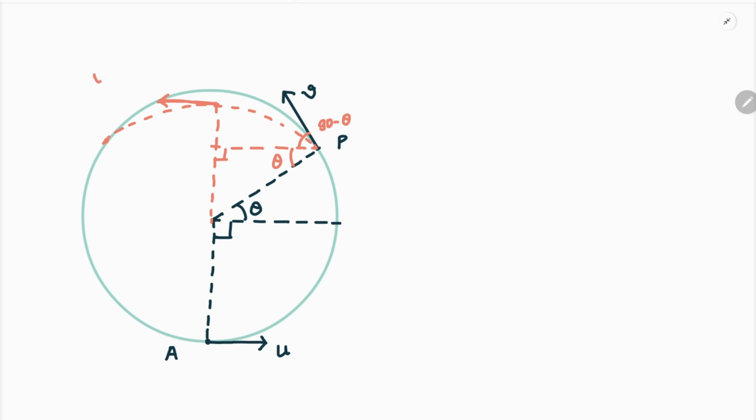So it is v cos of 90 minus theta, which we write as v sin theta. So now the idea is to determine this speed v when it is breaking off this circular track, and the angle theta.